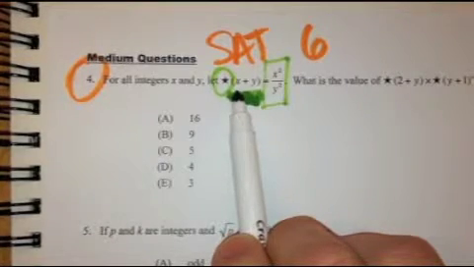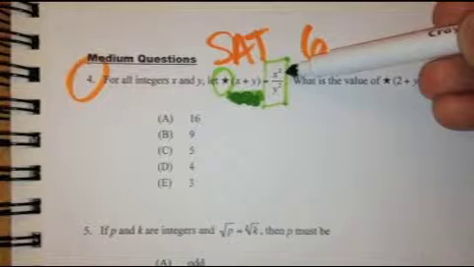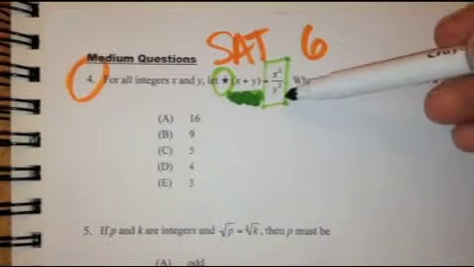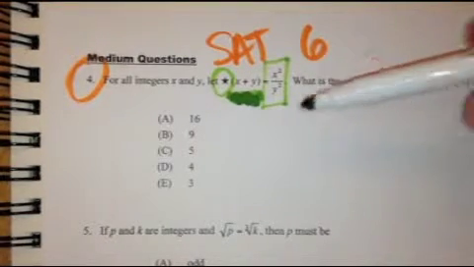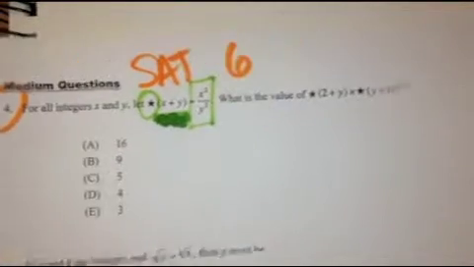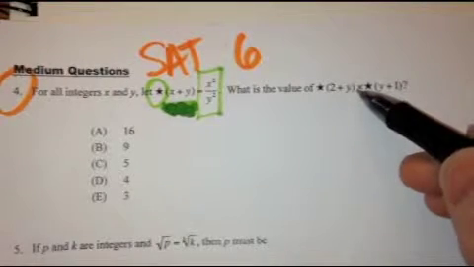What does the star tell you to do? The first number of the parentheses is going to go on the top of my fraction, squared. The second number in the parentheses is going to go in the bottom of my fraction, squared. It's that simple. So let's look at a specific example. This one right here says star 2 plus y.